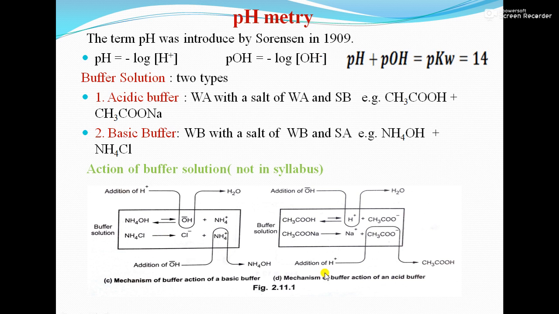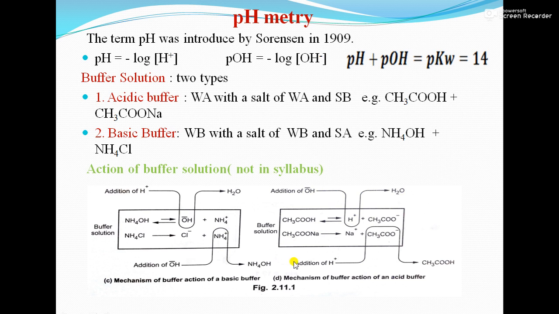Similarly, you can consider the case of the acidic buffer. This is the acidic buffer, where acetic acid gives H plus and acetate ions. Similarly, sodium acetate gives sodium plus and acetate minus ions. When we add OH minus to the acidic buffer solution, that OH minus will combine with H plus and give H2O.